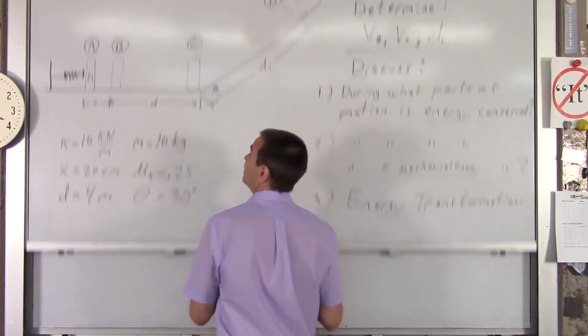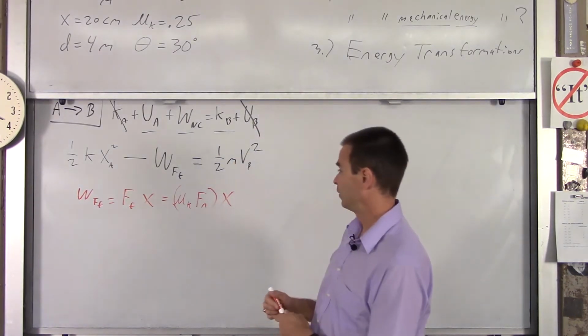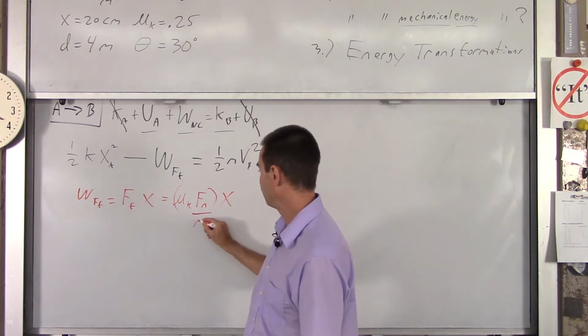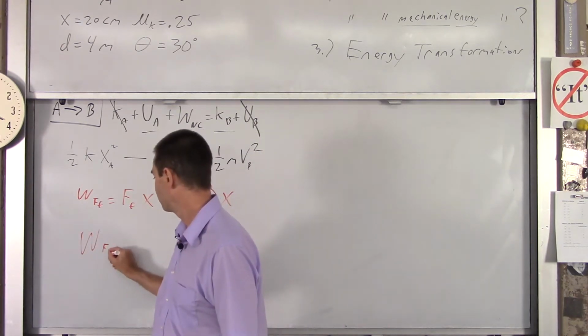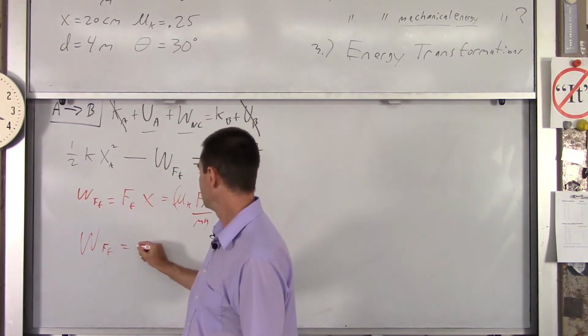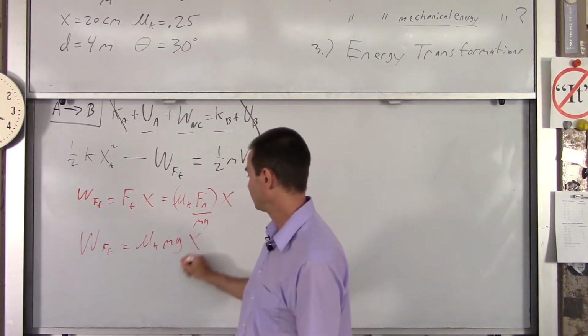Again, that's only true because all those ifs are satisfied. So Fn equals mg, and the size of the work done by the force of friction is mu sub k times mg times x.